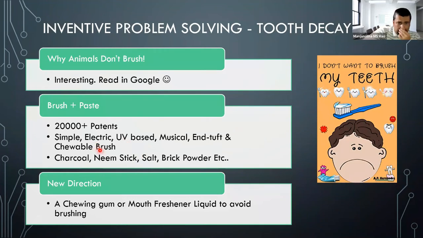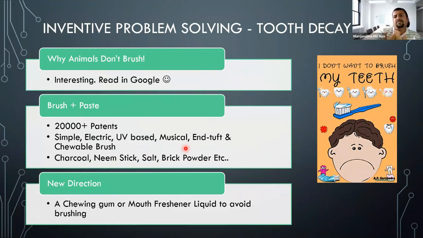You have electronic, electric, UV based, vibration based, musical and whatnot. There are plenty of products. That's why there are so many patents, and it's solving the same problem which our ancestors solved with a neem stick, or charcoal, or salt, or brick powder, but it's a more converted product with a premium.